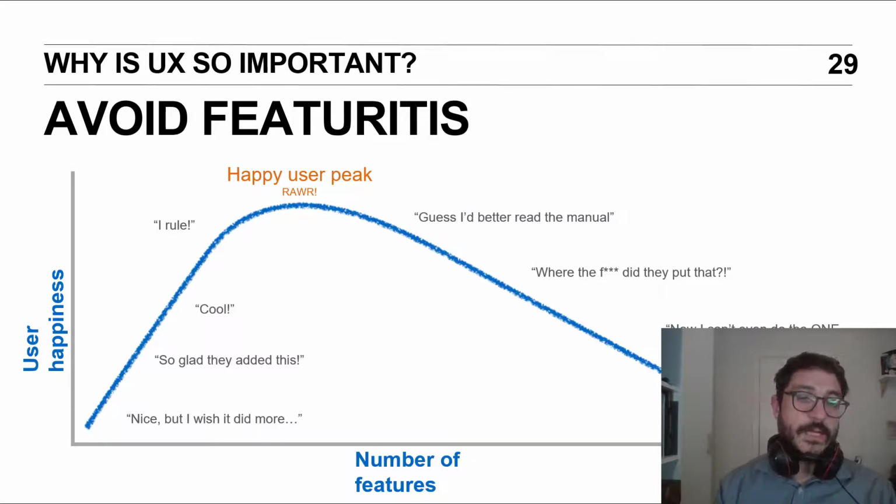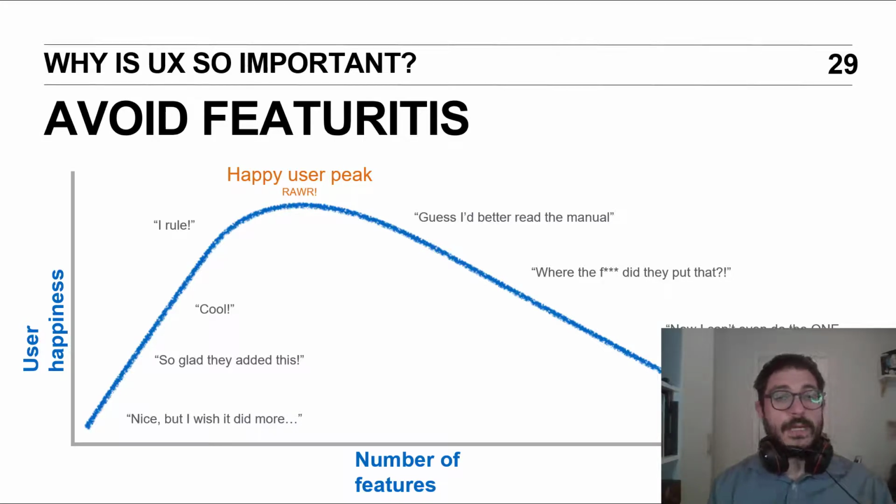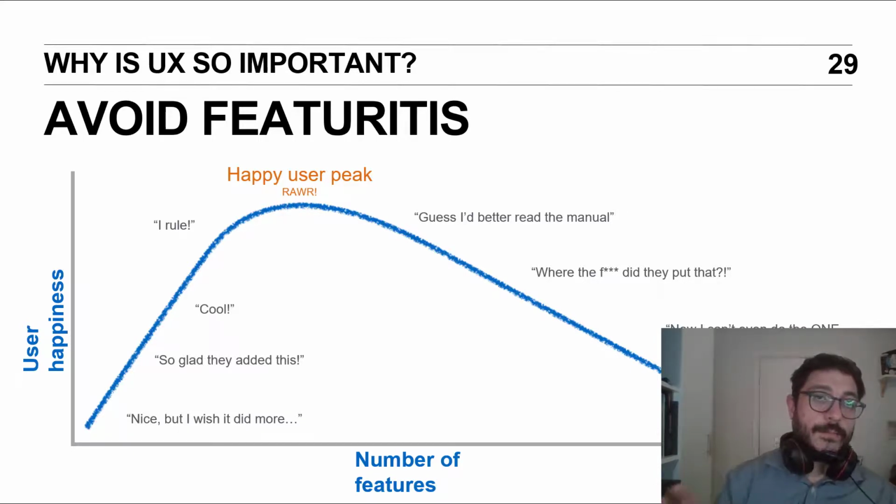Maybe not. So if you see Google Docs and then you see something similar to Google Docs and Microsoft Word, Google Docs has a lot less features. And a lot more people are going towards Google Docs than they're going towards Microsoft Word. Why? Because they want to have a small number of features instead.